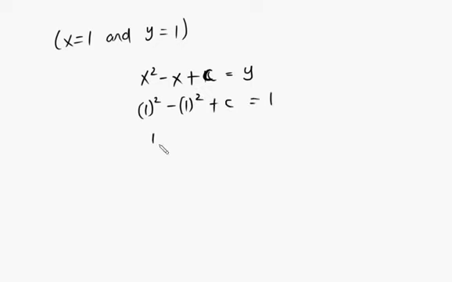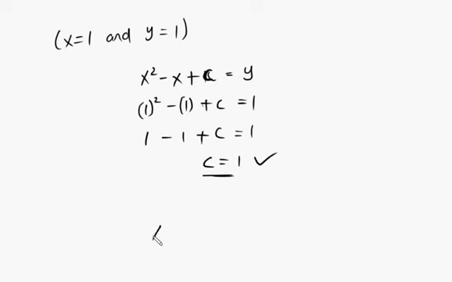So here we're going to get 1 minus 1 plus c. Hapa hamna square hapa. Okay. So when x is 1, you can see x hapa hamna square, okay? So 1 square ni 1, 1 plus c sasa na 1. So 1 minus 1 is 0, unapata c is equal to what? To 1. Kwa hiyo tumepata value of c.